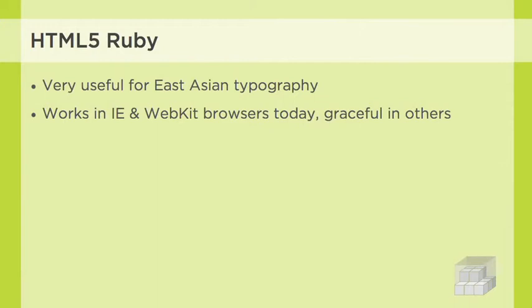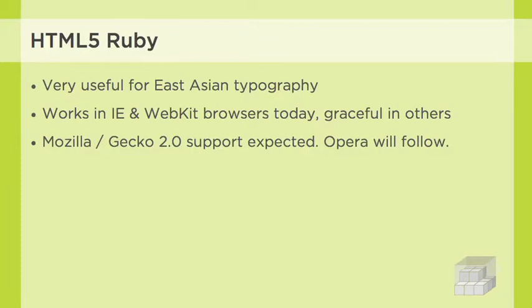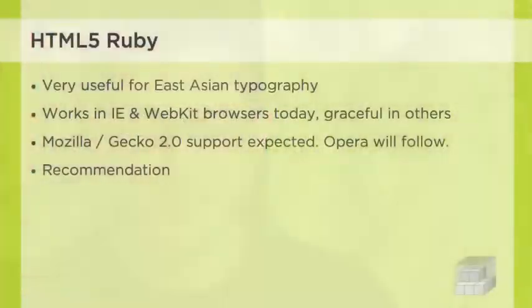This is one of the few features of HTML5 that actually worked in IE first, got adopted by the standards bodies at around the same time in XHTML 1.1, recently supported by WebKit, just last year implemented. The nice thing is, even in browsers that don't support it, there's graceful fallback. There's also mentions in various discussion boards that Mozilla and Gecko will be supporting it very soon. Once that happens, it's only natural for Opera to follow, because Opera rarely likes to be left behind when web standards are concerned.